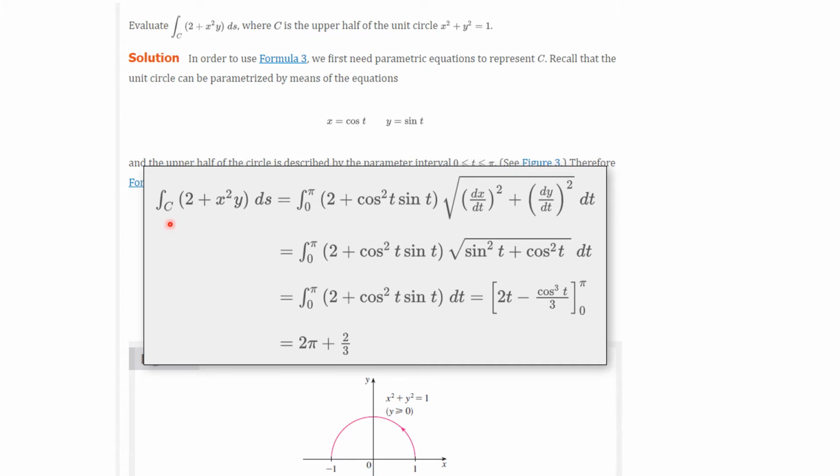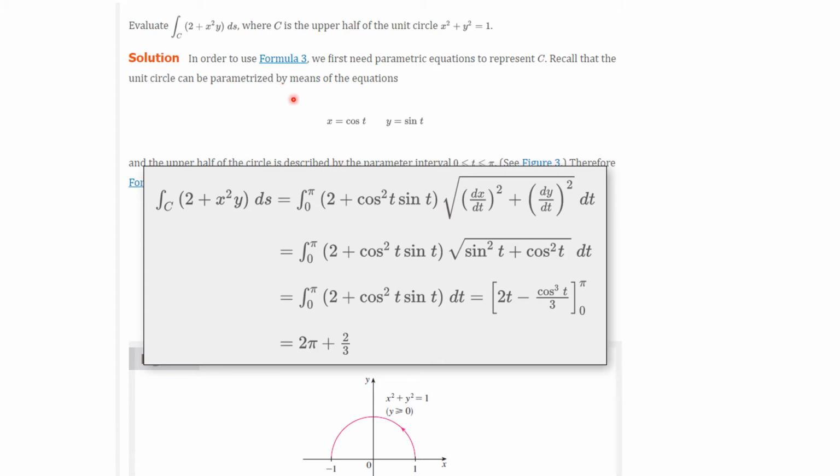The line integral over C of (2 + x²y) ds is equal to, now I plug in: everywhere I have x, I put cosine of t, and everywhere I have y, I put sine of t. And I know that I'm going from here to here, so I'm going from 0 to pi.